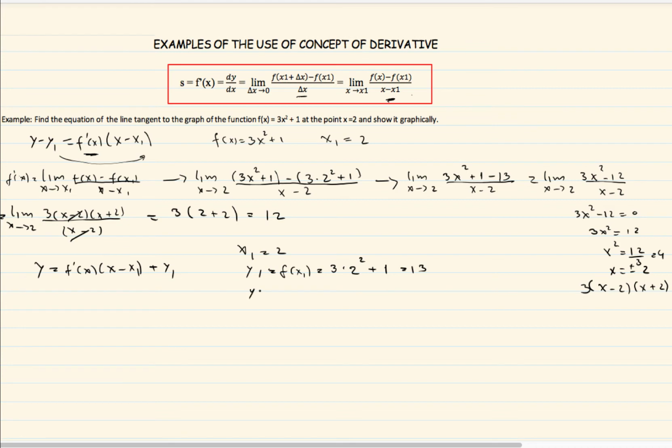So our y1 is equal to 13. Now we can have our equation as y is equal to f dash, which is 12, into x minus x1, which is 2, plus y1, which is 13. So we can try to make it more beautiful than this.